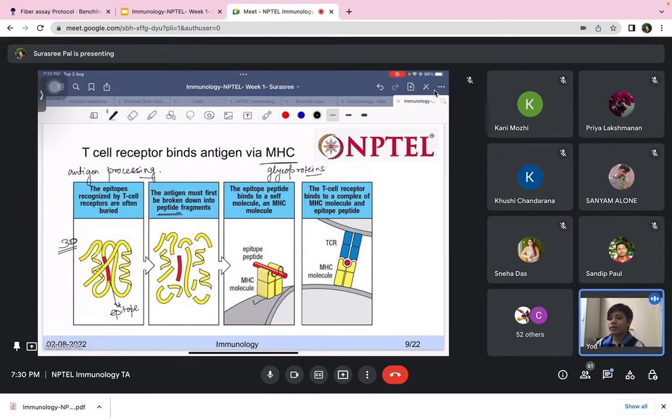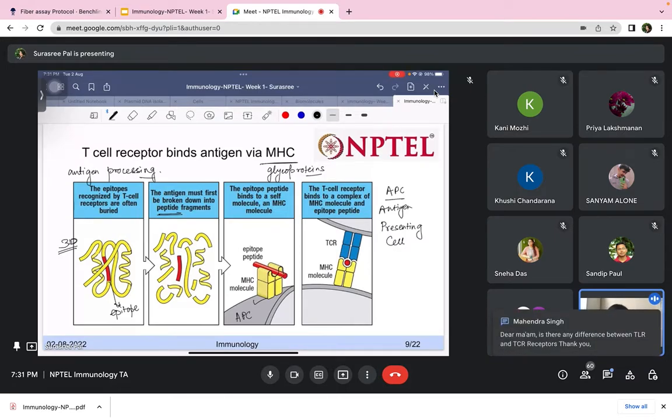And so suppose this cell is actually an APC. APC is nothing but antigen presenting cell. Right? So this is an APC, and this is presenting the antigen, the epitope peptide.